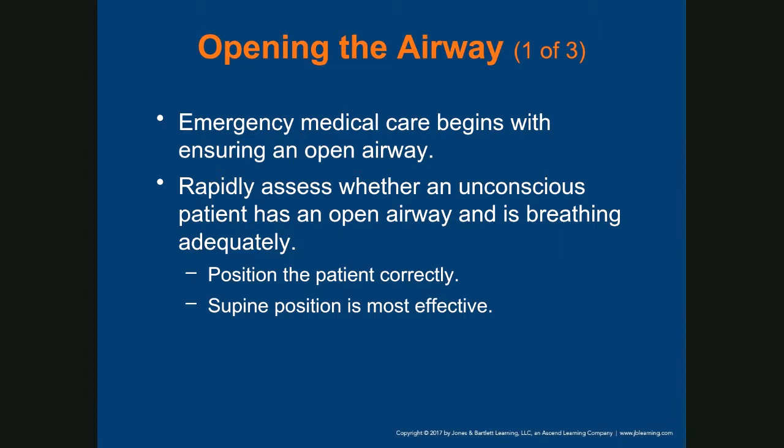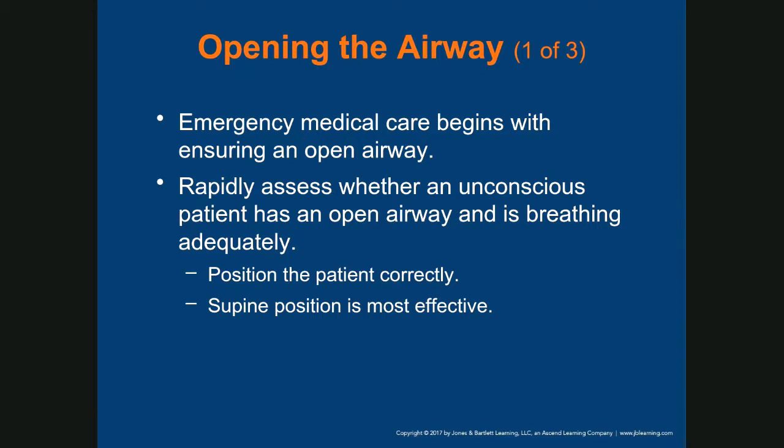Now, opening the airway. Now, upper airway and lower airway. That's what the respiratory system consists of. So you need to know to manage the upper and lower airway. And the upper airway is simple. It's either the patient's upper airway is going to be patent or open, or it is partially closed, or it is completely obstructed, right?